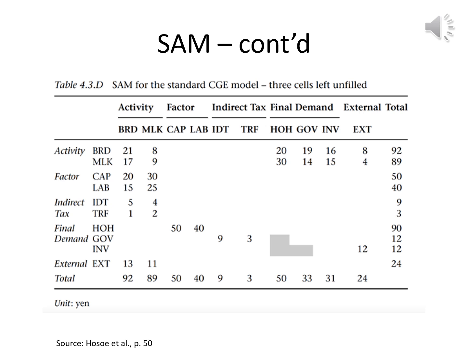Now we're ready to complete our SAM by filling out the remaining missing numbers. Actually, I forgot to mention that there's also another number we are missing here, which is the households' payments to the government in the form of taxes. So if we add these three numbers, then everything will be fine.